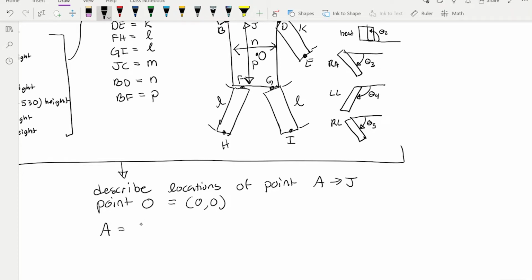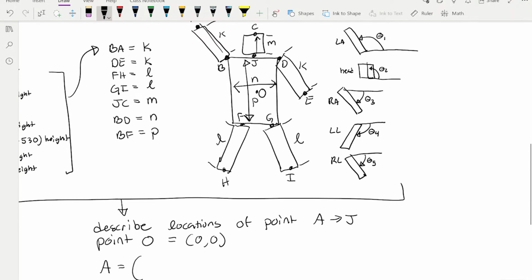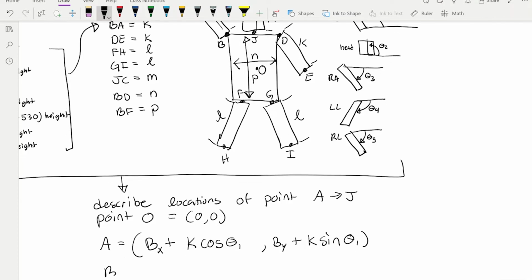Point A is going to be point B plus the length of the arm, K cosine theta 1, so this is point BX, BY, plus K sine theta 1. B, what is B? In X we got the negative half of our torso, so negative 1/2 N, and then we have 1/2 in the positive, and that's M, right?